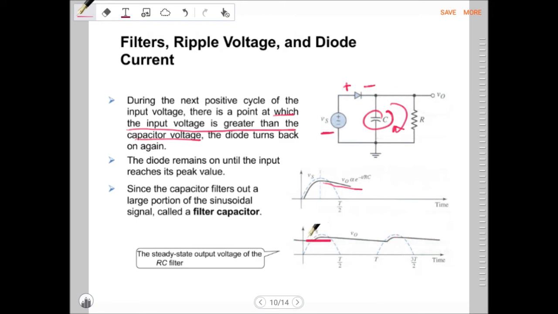The dotted line here is from the half-wave rectifier, so you can see very nicely it's being filtered. If they ask you to draw the output for the RC filter, it would look like this.